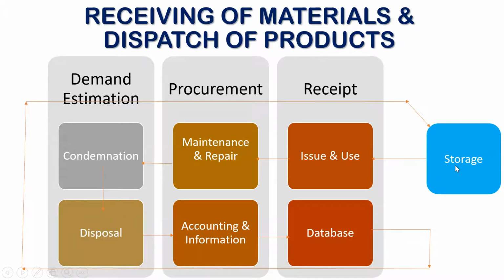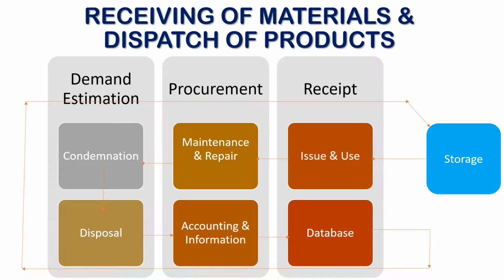On the basis of use or issue, we can release, because this warehouse is intended for 2 types of product. One is the raw material, another is the finished product. So it can be issued, or they are using some type of material.